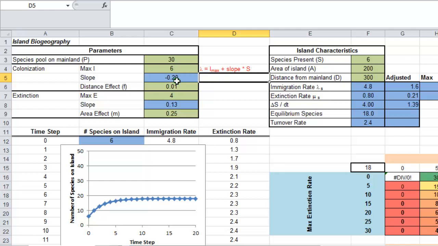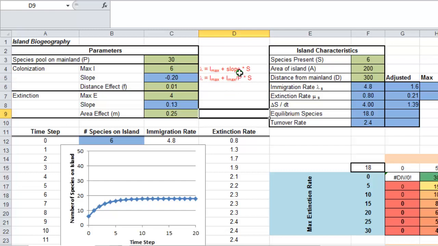Now we can't use this slope, so we're going to end up replacing slope with what we originally calculated it with, and that is going to be negative max I divided by the pool. So let me write that and replace this slope with its original equation.